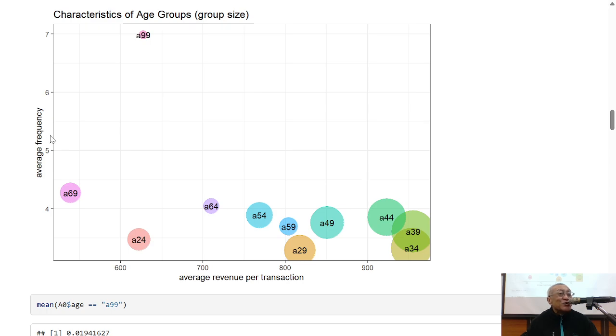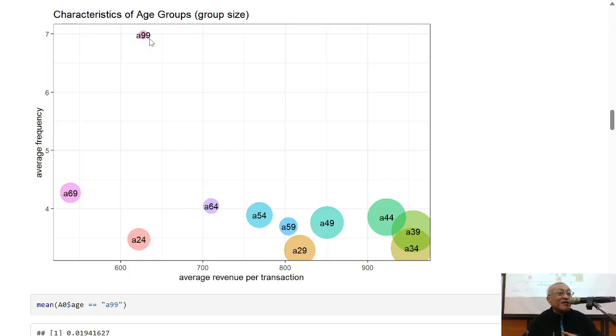Okay, so as we can see, this A99 group has a very, very high buying frequency, right? On average, every customer in this group buys 7 times.